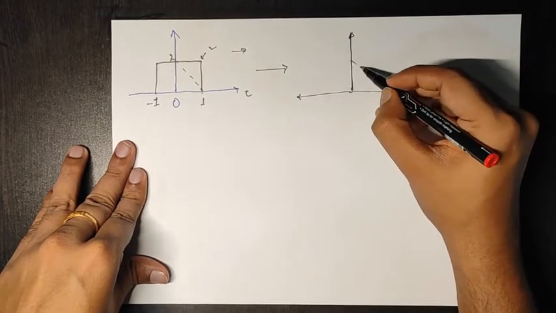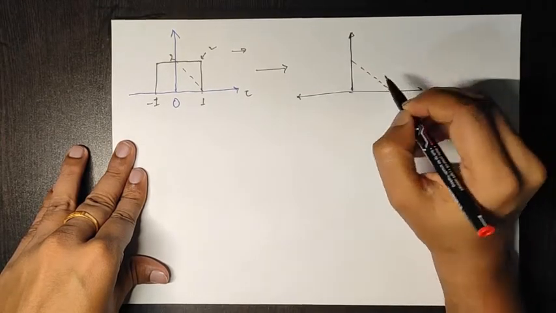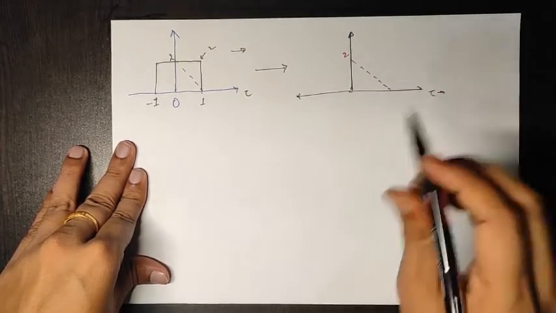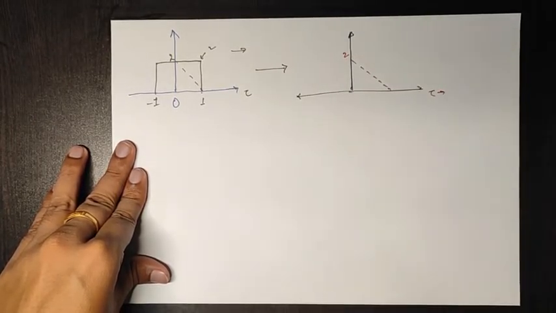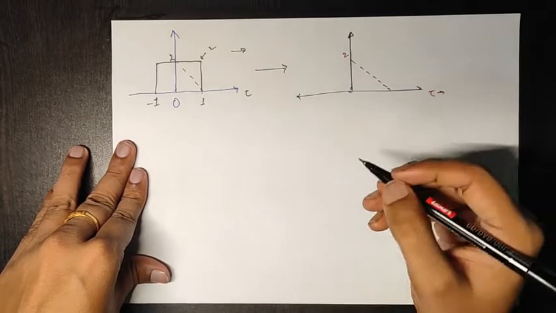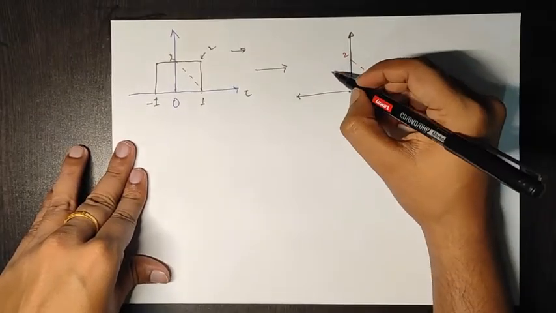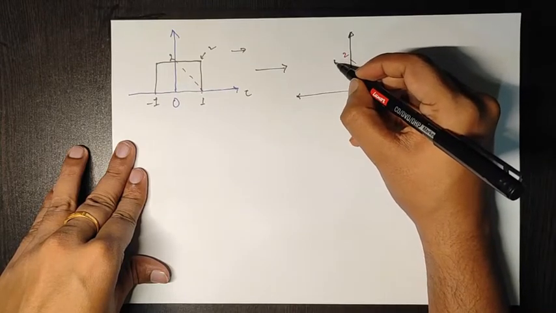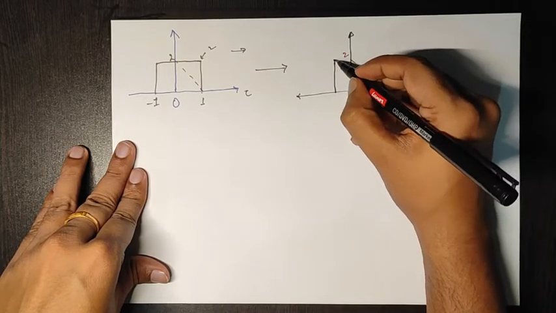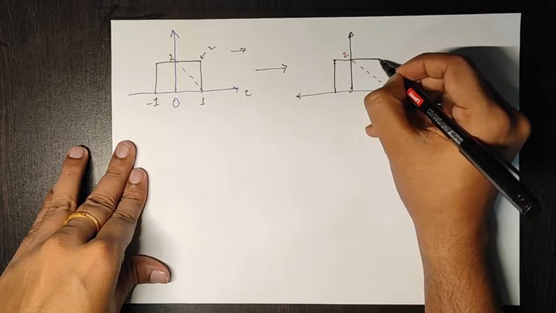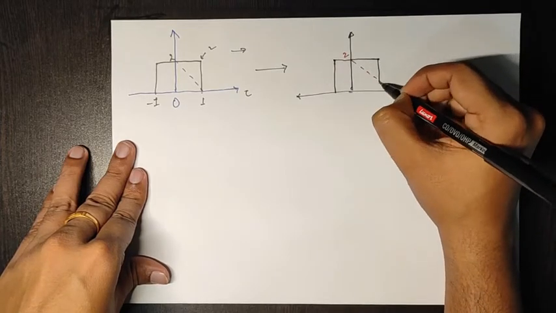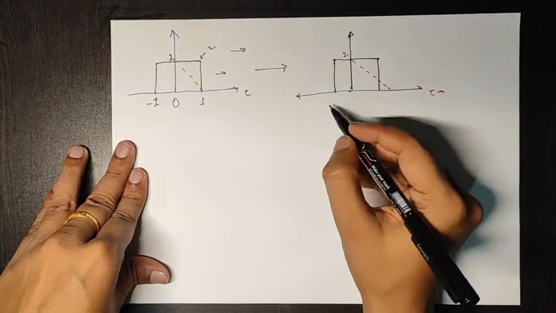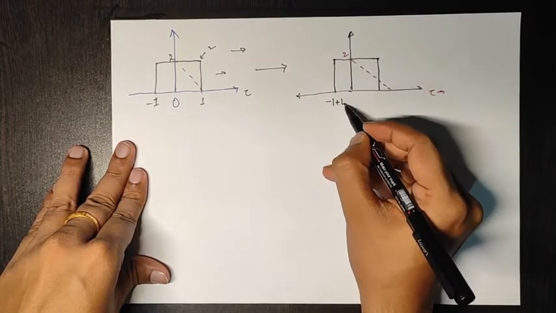So x(tau) will be as it is, and see, we have shifted a bit rightward, so this will be minus 1 plus t.